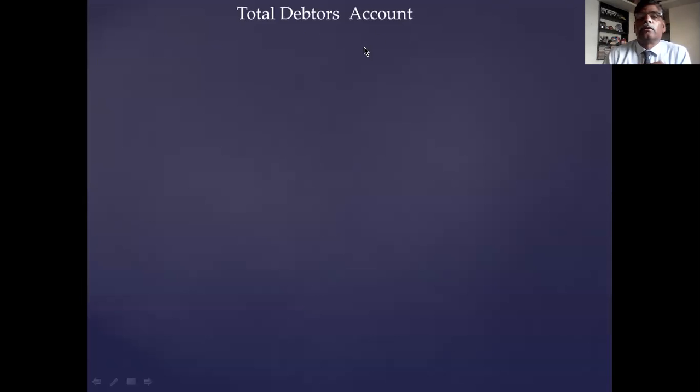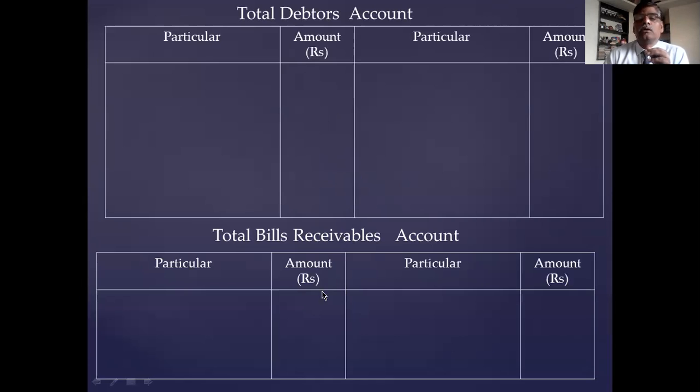First the debtors account. The debtors related account is the bills receivable account. Remember this. The bills receivable account is related with the debtors, so these two are to be prepared simultaneously. First it is better to enter the opening balance and closing balance. Simply write to balance brought down, by balance carried down.